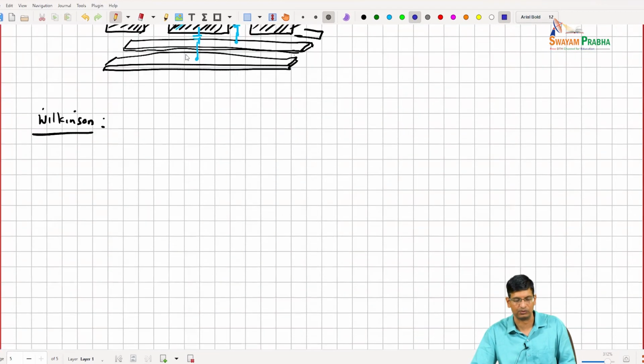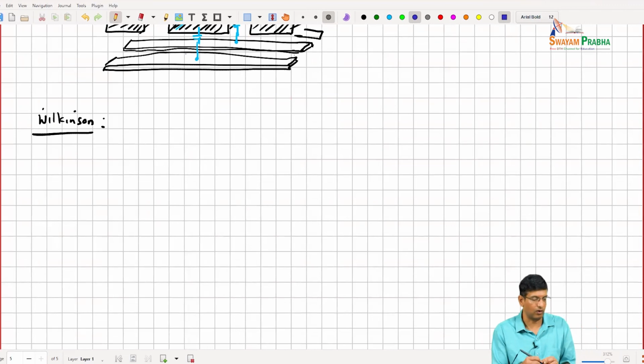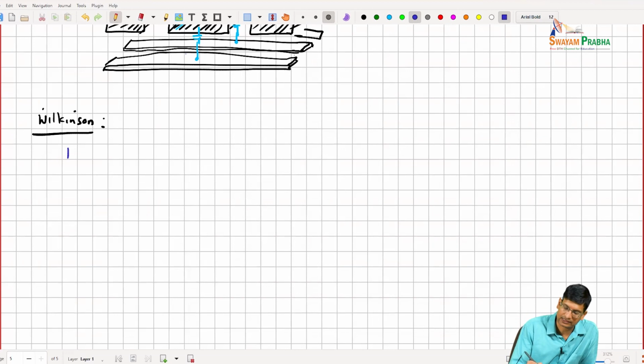So isolation is useful. So what the Wilkinson basically does is it provides matching at all 3 ports.